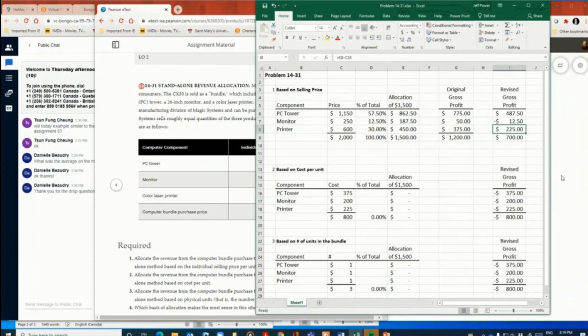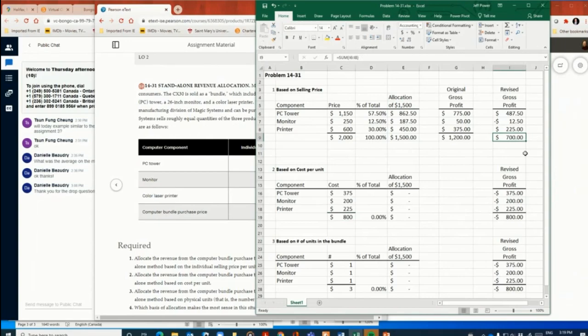I mean, it's as good a way as any. So if you added up the three components, it adds up to a total of $800 in cost, right? Which makes sense. We're selling it for $1,500. We've got $800 in costs.